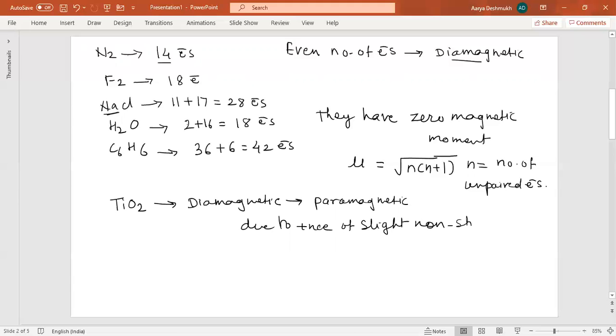We have studied in detail stoichiometric defects and non-stoichiometric defects. Due to this non-stoichiometry in the molecular formula, it might show paramagnetic nature. Otherwise, it would be a diamagnetic one. So this is about the diamagnetic compounds, where all the paired electrons are responsible for the diamagnetic nature.